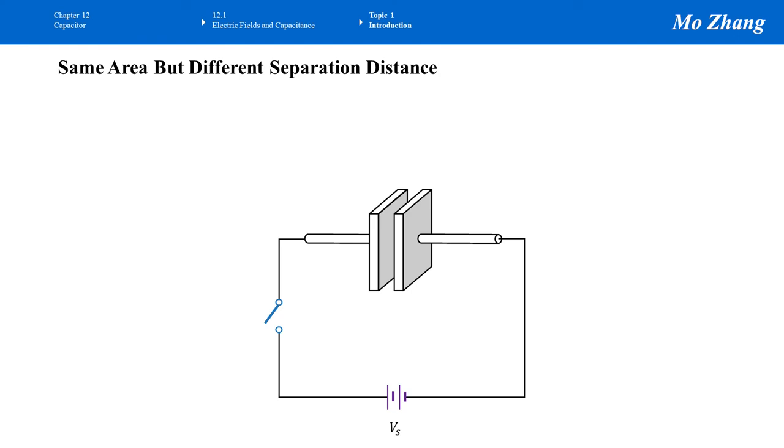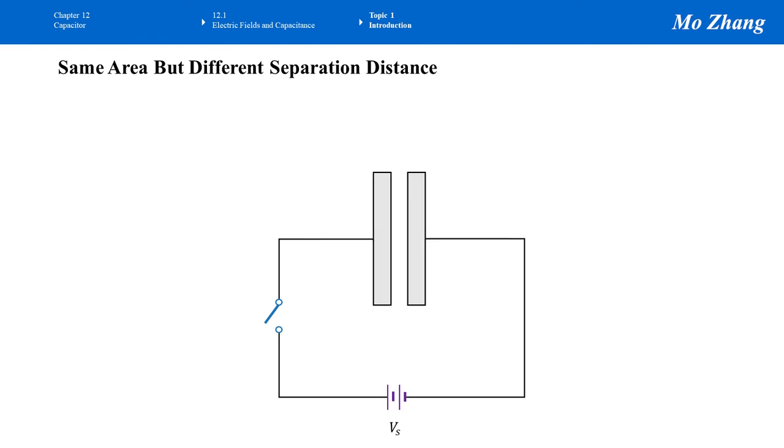Now let's replace this capacitor by just a 2D capacitor, the two plates. The plate initially has protons and electrons. Let's assume the number of protons and the number of electrons are the same initially, so there's no net charge in either plate.